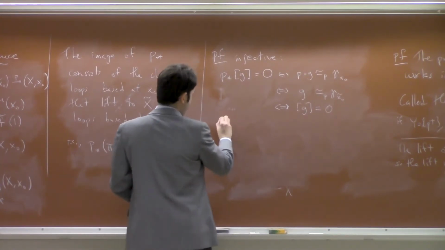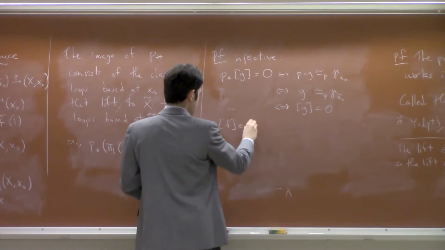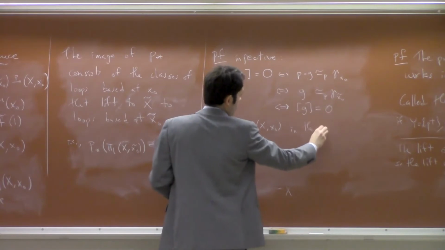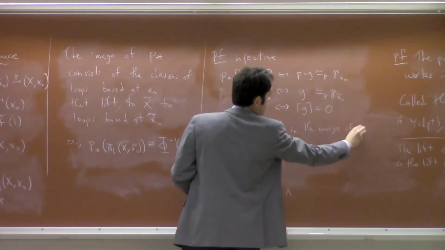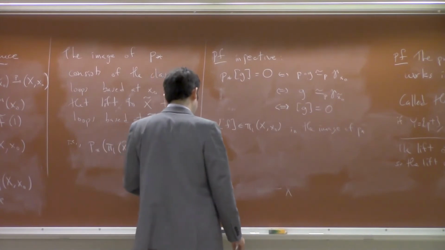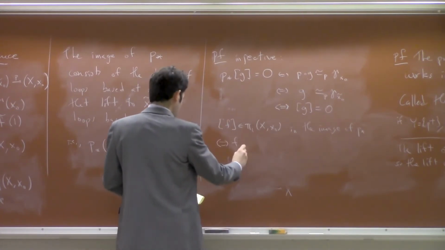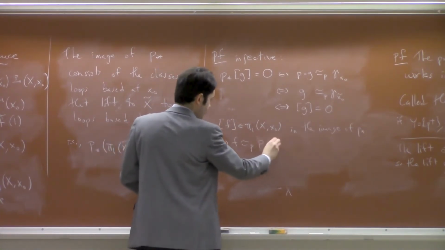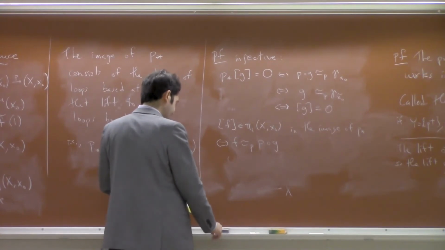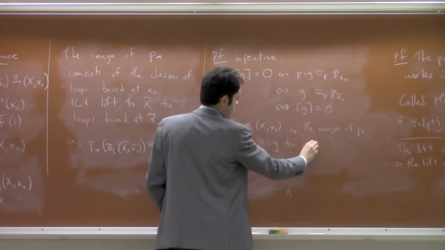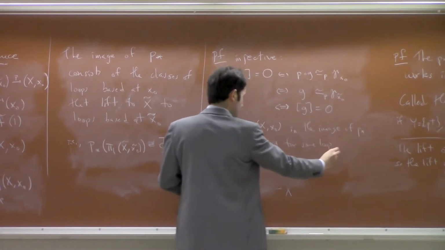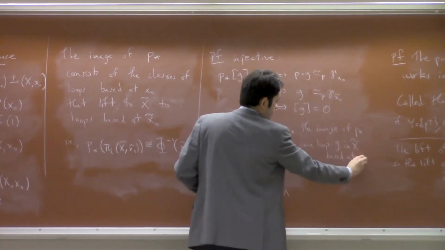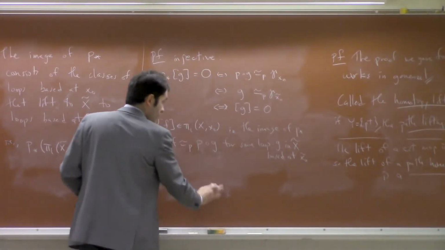On the other hand, let's say that you have a loop downstairs in the image of P star. Well, of course, that's the same as saying that if I take a representative, I can homotope it to somebody in the image of the fundamental group.